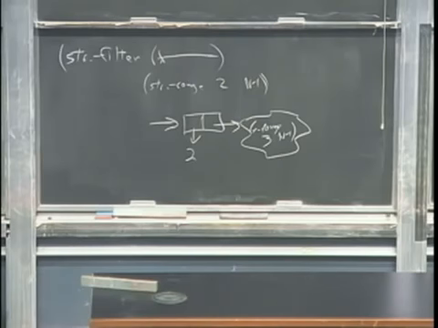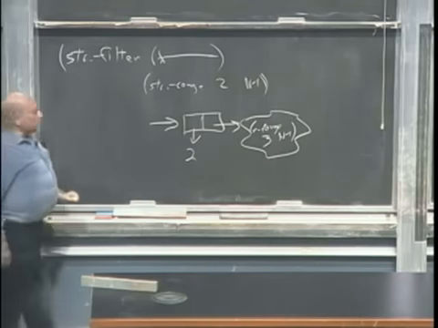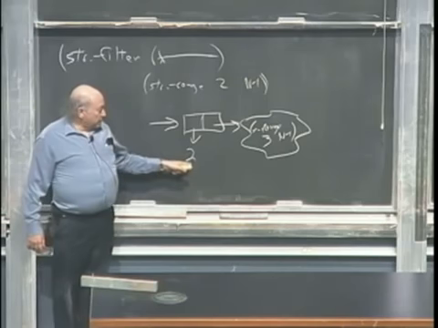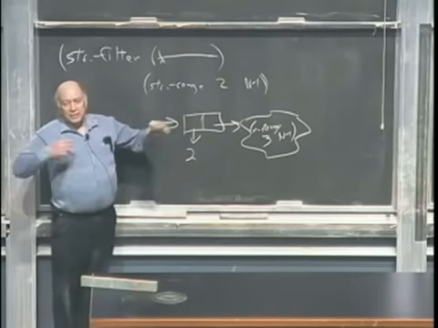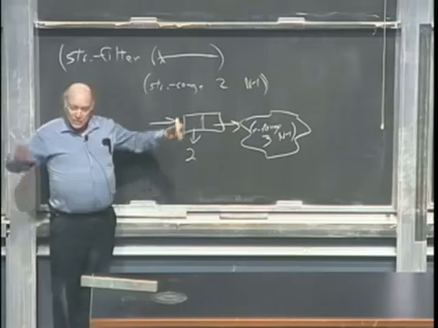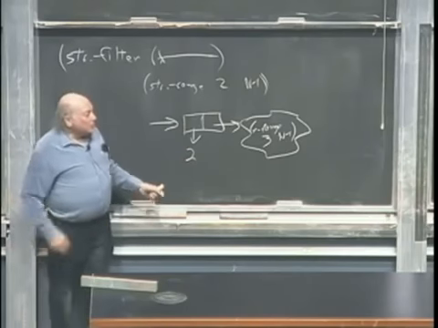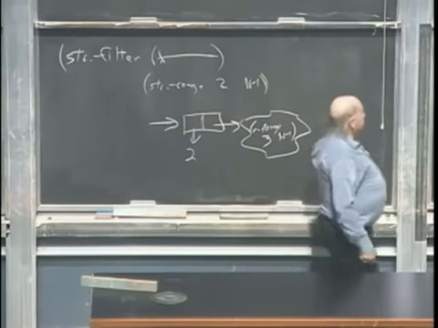If not, then just do a recursive call to filter on the cdr. Okay? Well, the predicate says, is the car a factor of 1,000,000? Yes, it is. So what does filter return?